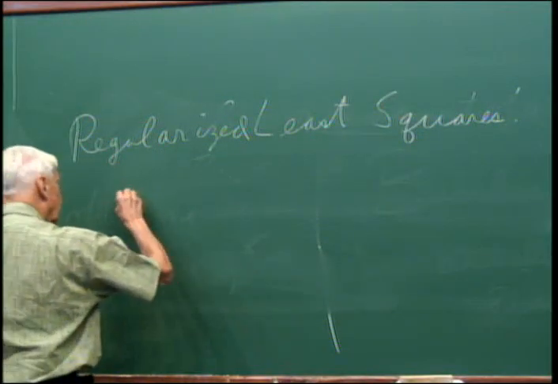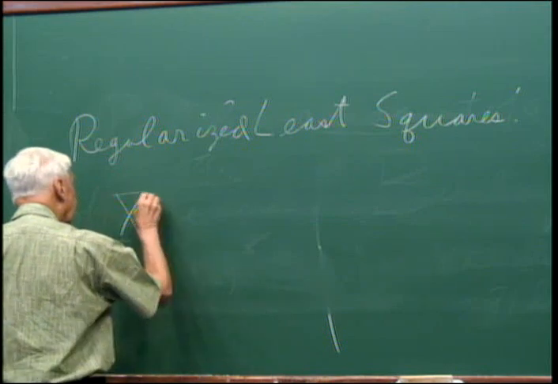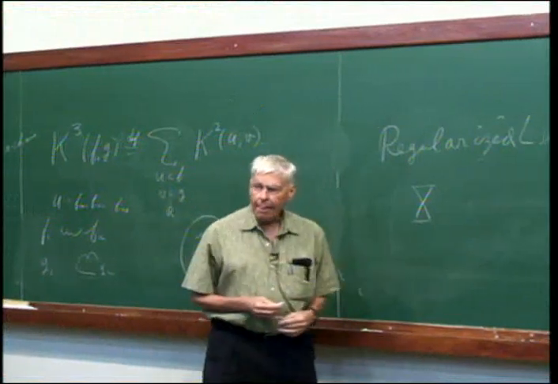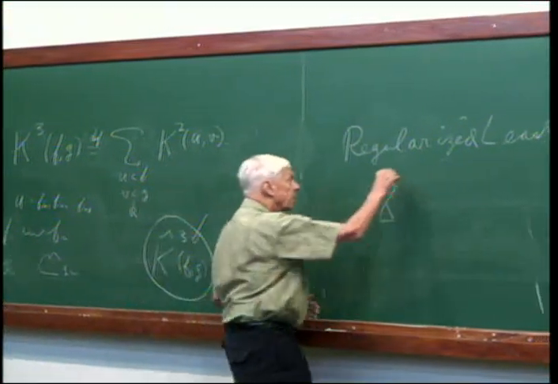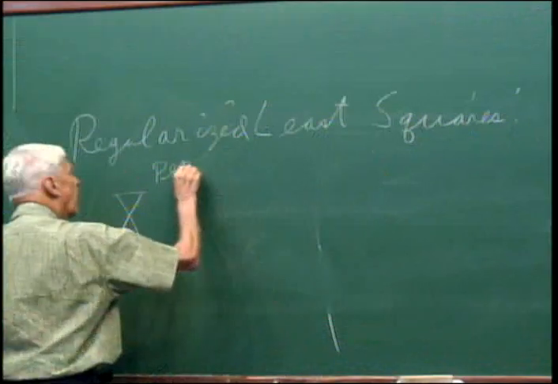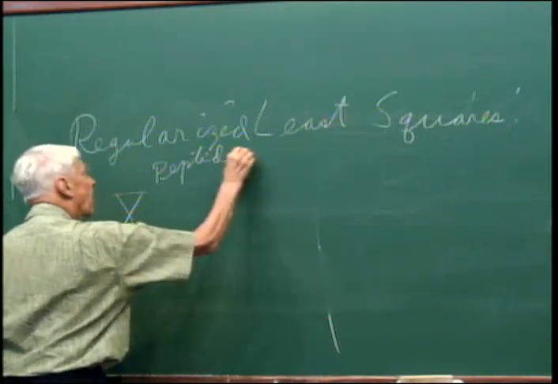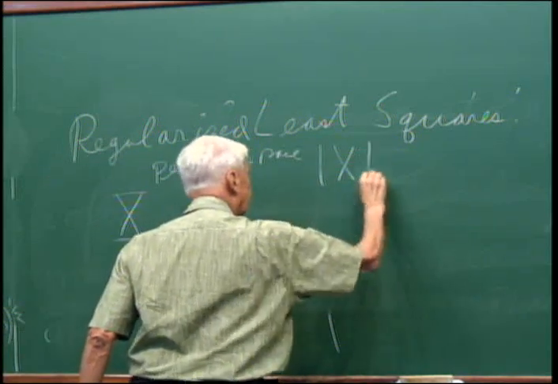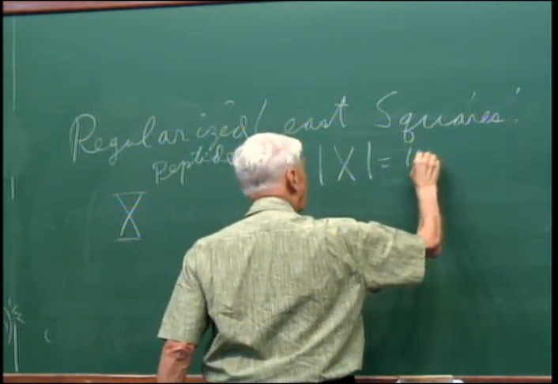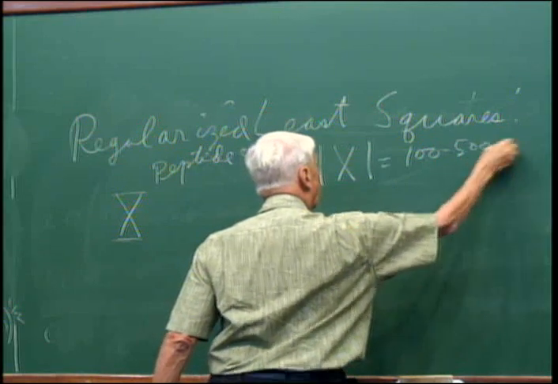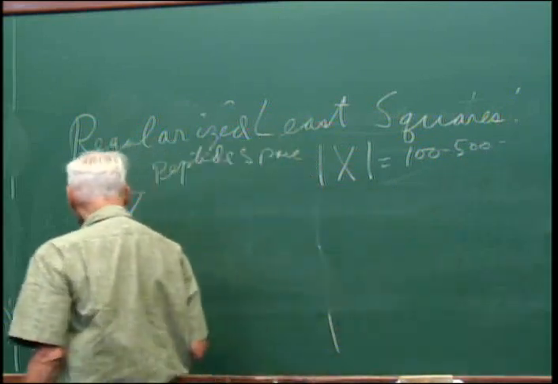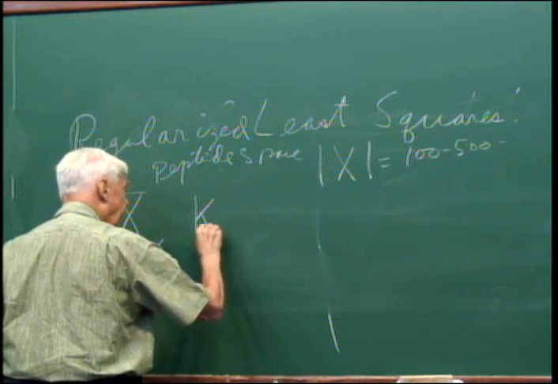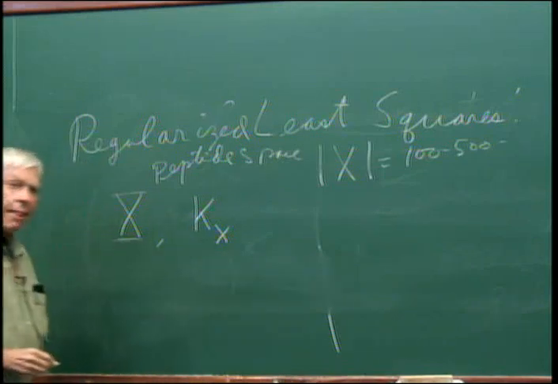That goes as follows. So we take a space X. In this case, X would be a space of peptides. So here X equals a peptide space. The number of peptides we study is going to be somewhere around 100, 500, sometimes 1,000. Here we want to write a kernel, K sub X, on this space.